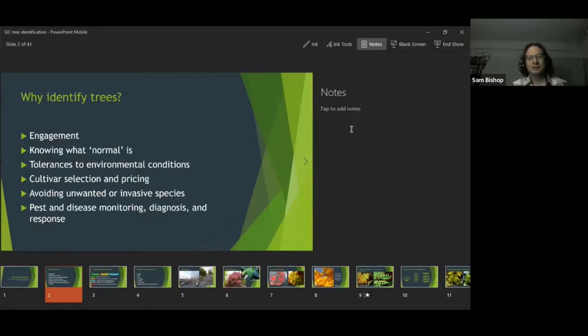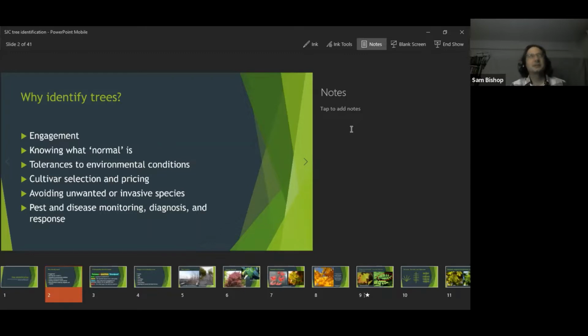Yellow leaves on a tree might be a sign of a problem, or it might just be the natural leaf color of that tree. Not something we have to deal with so much, this is more if you're actually doing tree planting, but tolerances for particular environmental conditions. So a tree that does better in, say, drier sites or wetter sites, as a simple example.